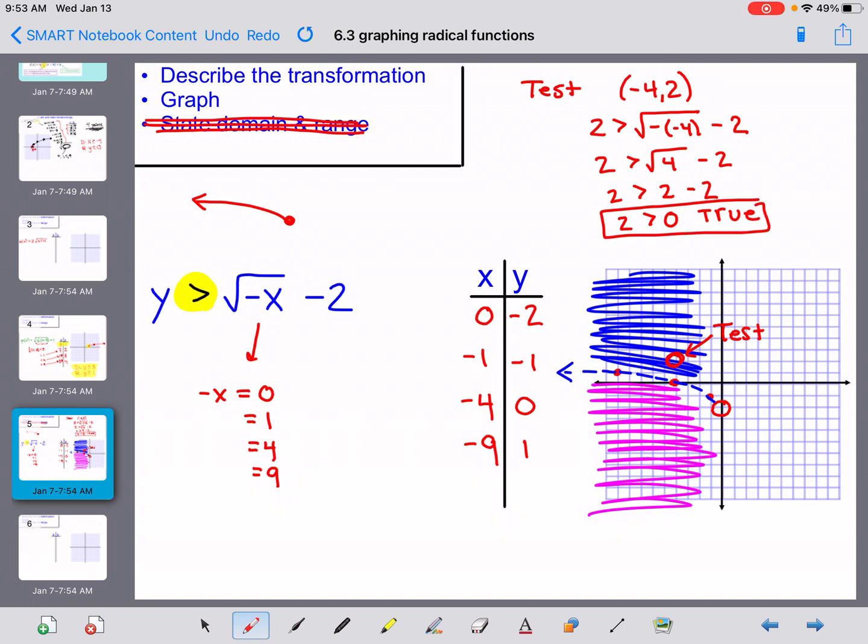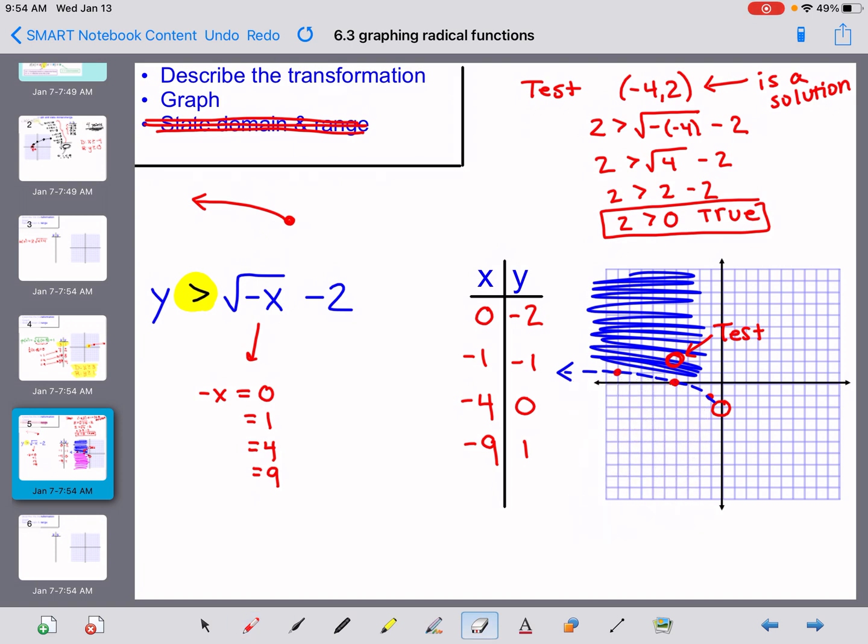So what that means is that my ordered pair that I chose, -4, 2, is a solution. And remember, all the shading needs to be things that are solutions. So my test point was true, so I want my test point to get shaded. So the blue shading was the correct shading. If my test point was false, I would have wanted to shade below the graph.